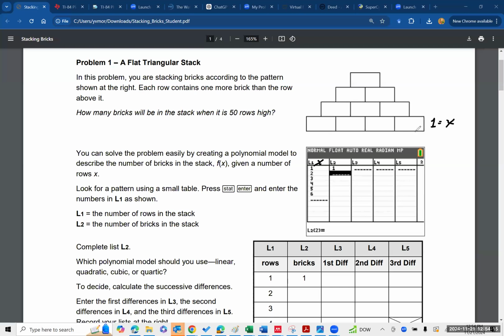And then the output, actually, this is x equal 1, so let me erase that. So that is row 1. In row 1, you only see one brick, and that is your output. f of 1 is 1.